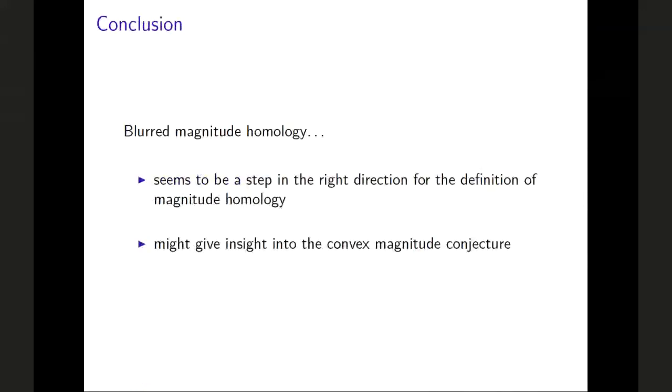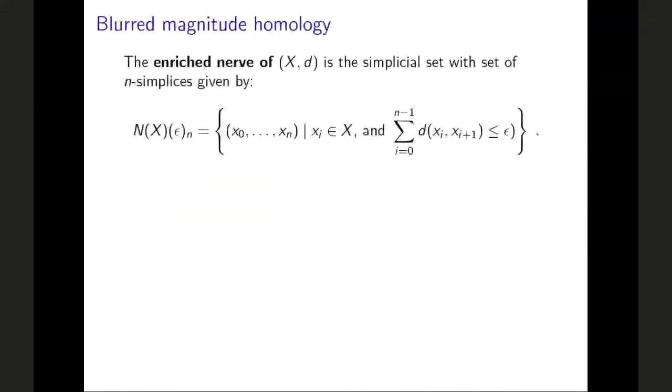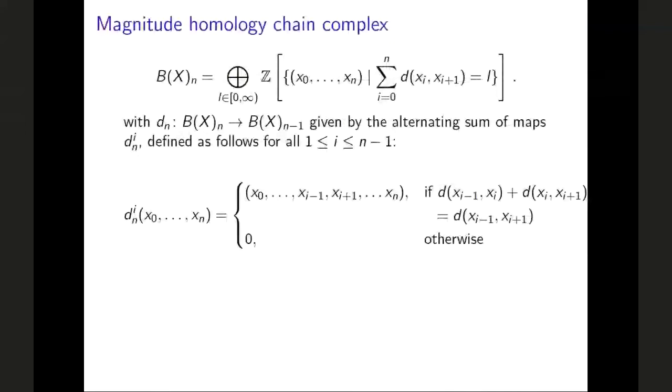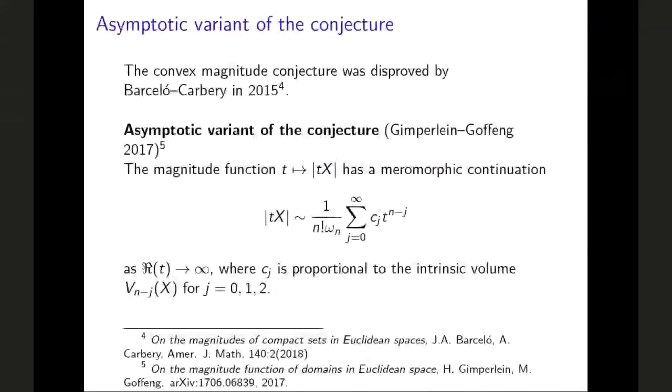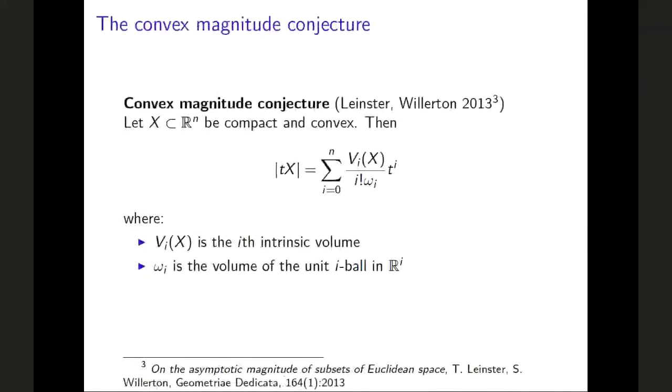Another observation is that it might give insight also into the convex magnitude conjecture. Because the zeroth intrinsic volume, as I said, is actually the Euler characteristic. So we would want, when all the other terms drop, for t going to 0, to recover the Euler characteristic.